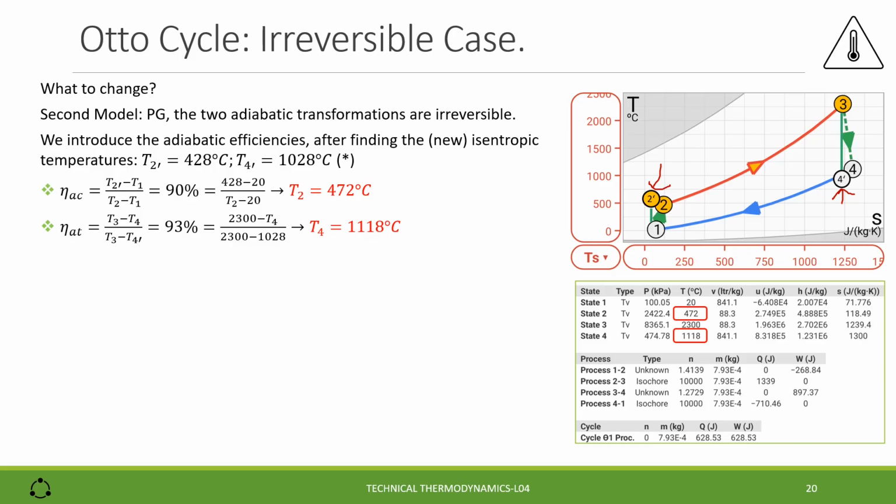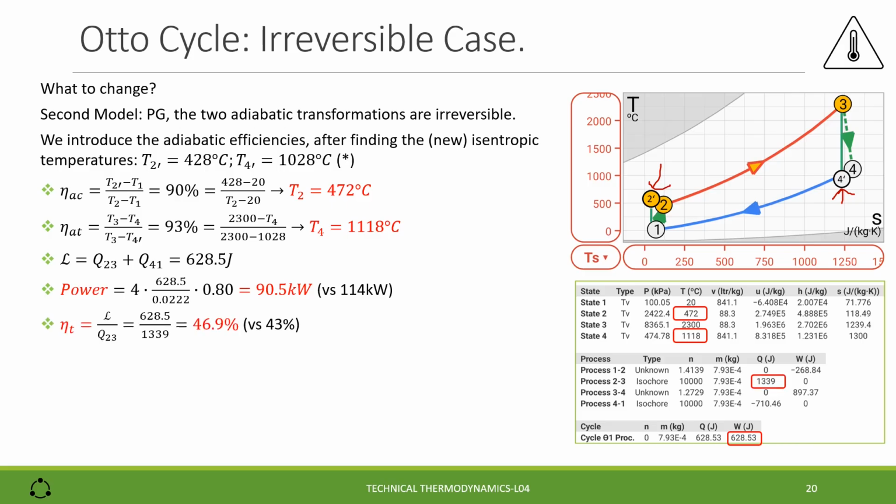Replacing the corresponding temperatures, we find T4 being 1118 degrees. We calculate now the work, and this assumes the value of 628.5 joule.